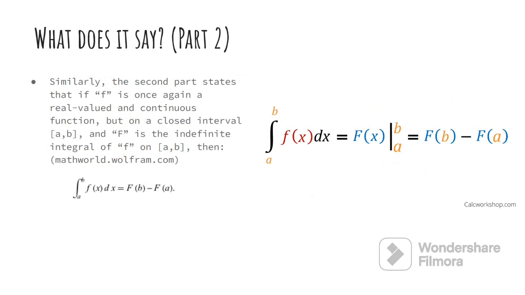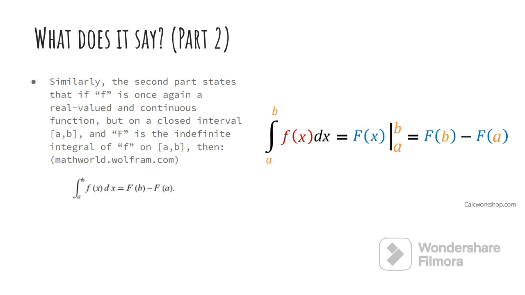The second part states that if f is real valued and is continuous, but this time is on a closed interval, a and b, what goes around comes around, and let's say f is the indefinite integral of f on that interval, then we get this function here, which states that on this interval a to b, the integral of f of x dx will give us the big F with the value of b minus the big F with the value of a thrown into it.